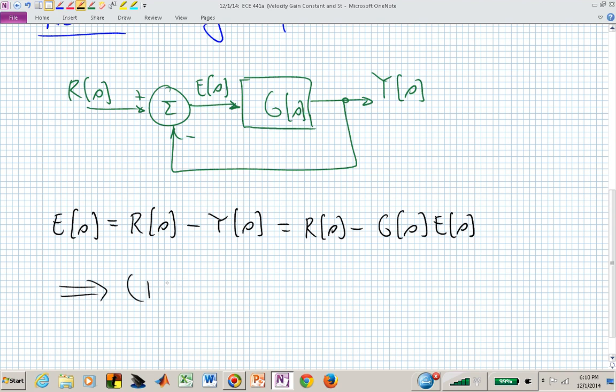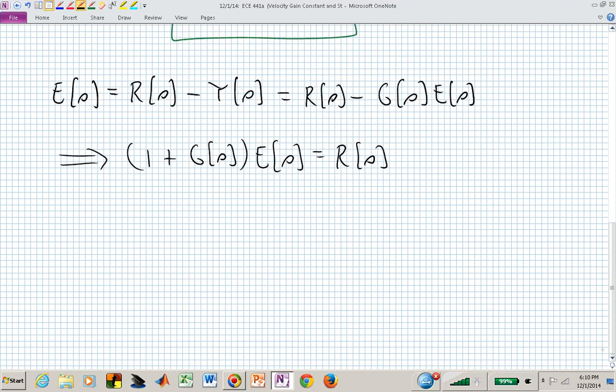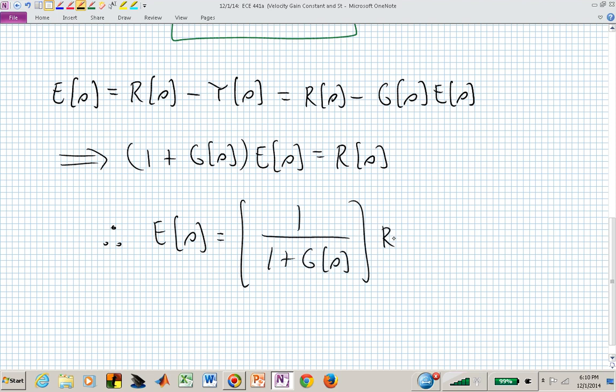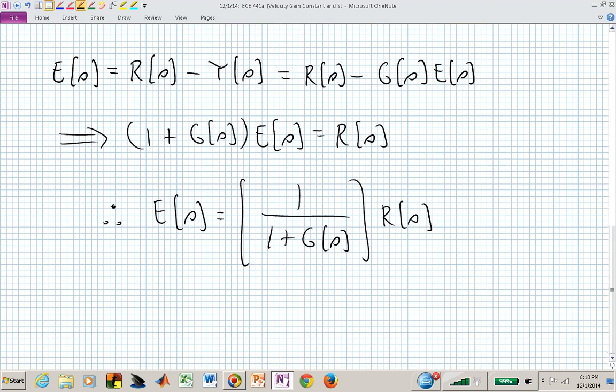We have 1 plus G of S, all of those scaling E of S. And all we have left on the right-hand side is R of S. And that allows us then to write an expression for the error signal E of S in terms of the plant and the reference input R of S. Our transfer function then between the reference input R and the error signal E is 1 over 1 plus G when we have negative unity output feedback.